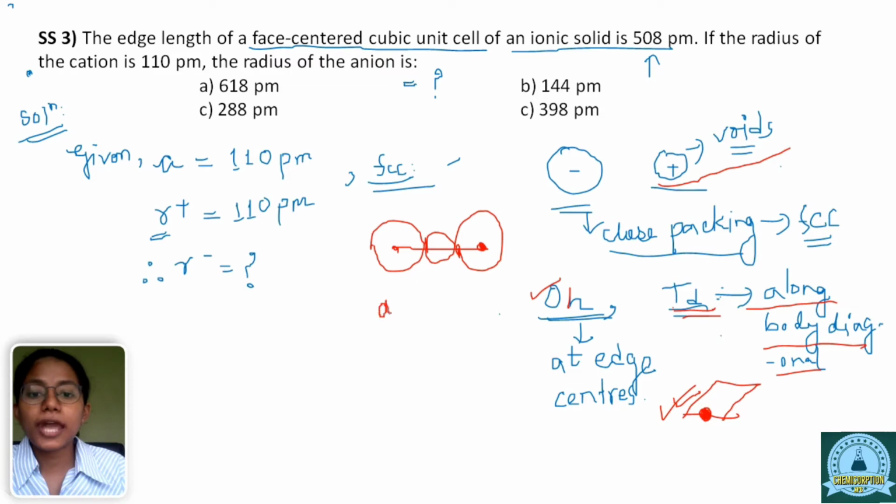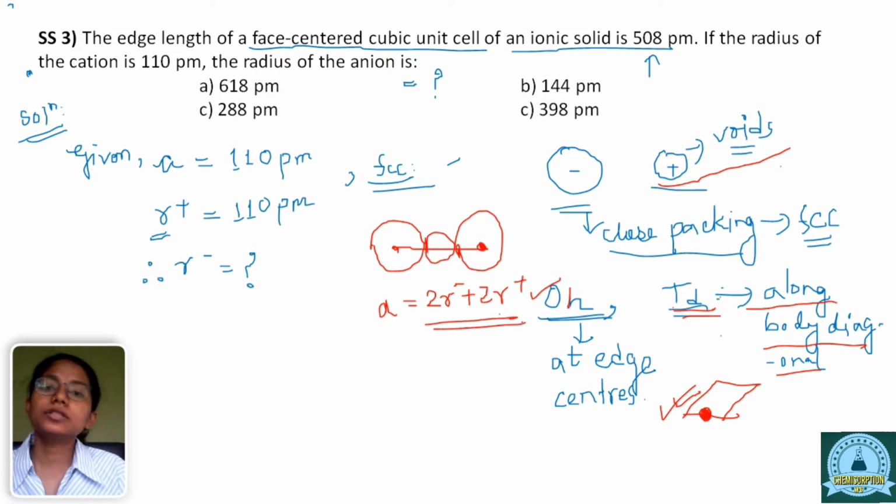So edge A is equal to twice R negative plus twice R positive. This is the trick we need to solve the problem. A is equal to twice R negative plus twice R positive.